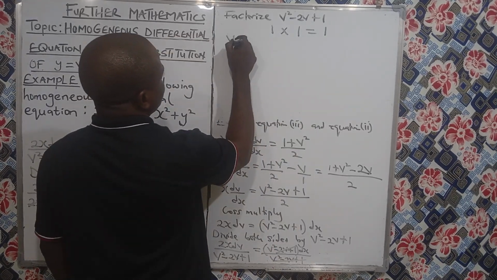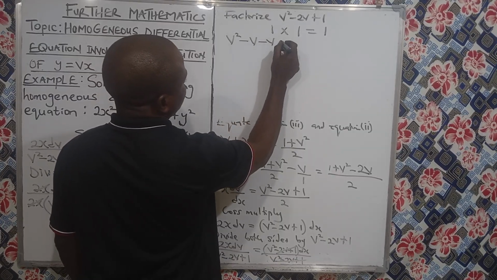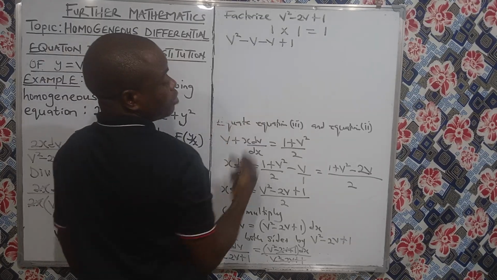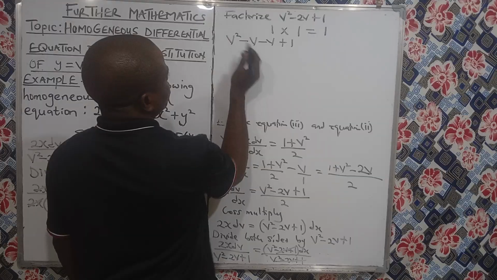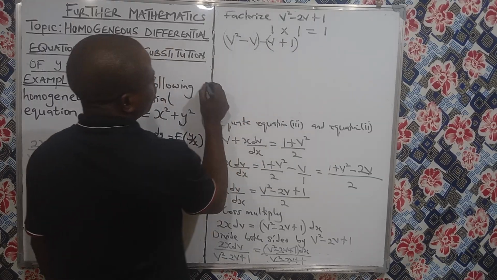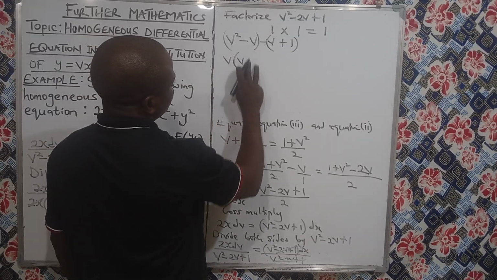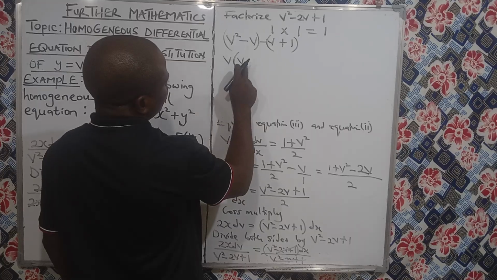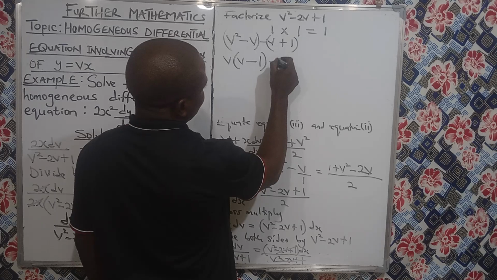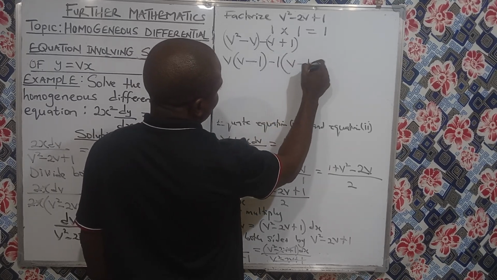Now v squared minus v minus v plus 1. You don't need to put 1v, no. 1v is the same thing as v. In mathematics you don't put 1. Now let's factorize what's common out. What's common is v. Factorize v out, I'm left with v minus 1. Then minus 1: what's common is minus 1, negative and positive, plus negative 1.